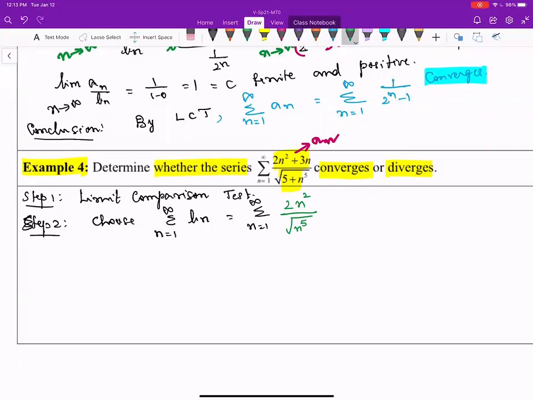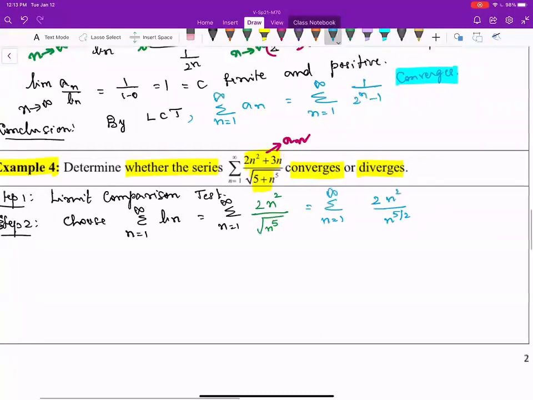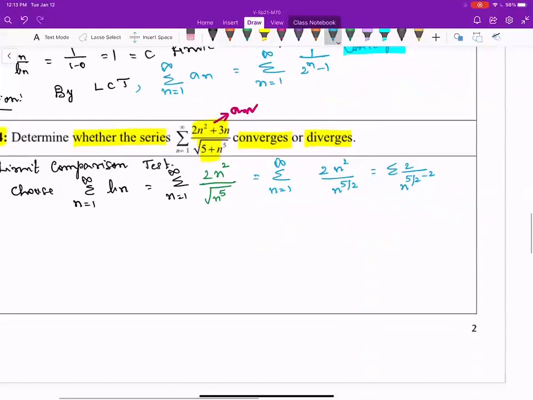So we get sigma n varying from 1 through infinity, 2n square over n to the power 5 halves. So it will be sigma 2 divided by n to the power 5 halves minus 2. So it will be sigma 2 divided by n to the power 1 half.